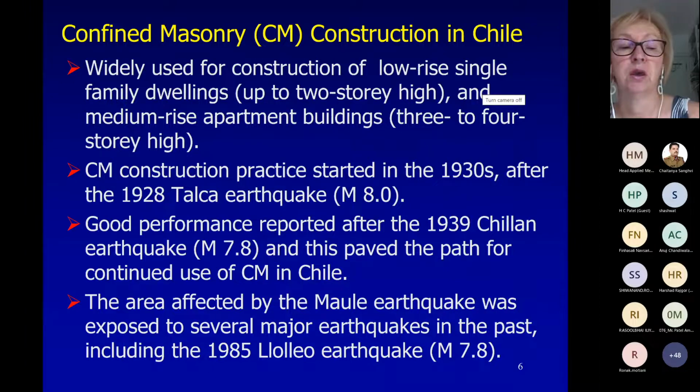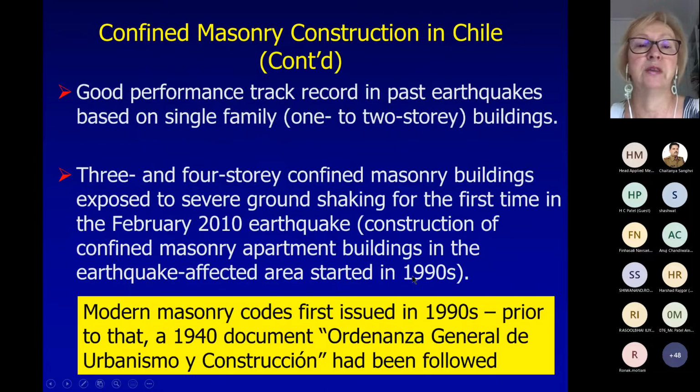The area affected by this earthquake was also exposed to several major earthquakes. Obviously, it is a high seismic area. For example, in 1985, that same area was subjected to a magnitude 7.8 earthquake, which also exposed both masonry and concrete buildings in Chile, in the whole country.